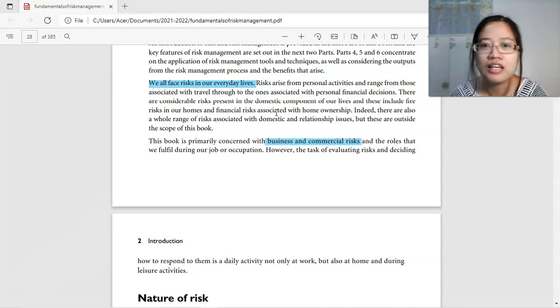Or depende yung risk kung binili mo yung bahay pero pinangalan mo sa ibang tao. So, there are risks associated with that. Di ba? For certain reasons, you decided to do that, but, of course, there are risks involved. Or di kaya naman nagpahiram ka ng pera, tapos andun yung risk na hindi ka mabayaran agad kapag kinailangan mo na siya. Okay?